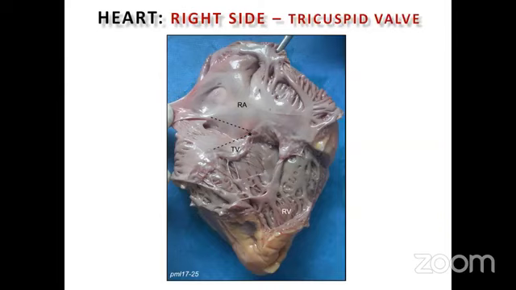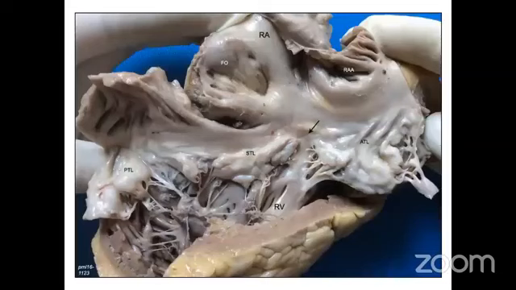And at the apex of this triangle lies the central fibrous body, above which is present the AV node, and this central fibrous body is pierced by the bundle of His, which then divides into the left and the right bundles. So please remember, this is the utility of the morphology of the right atrium and the tricuspid valve.